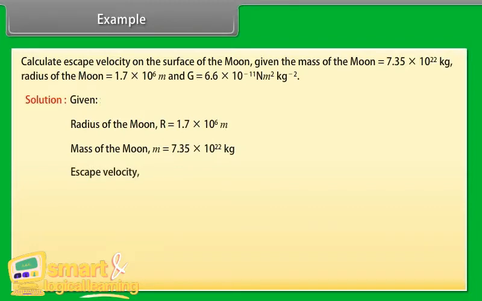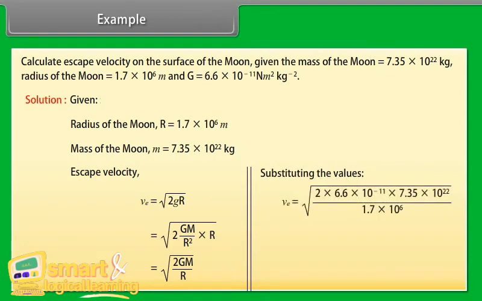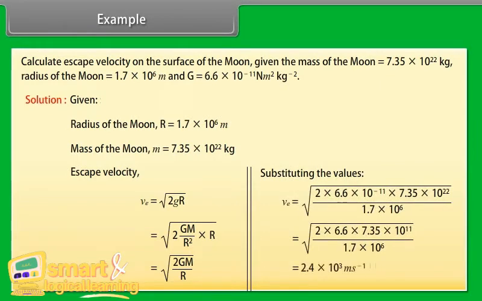Escape velocity is equal to under root 2gr. By putting the value of g, we get escape velocity is equal to under root 2GM upon r. By substituting the values, we get escape velocity is equal to 2.4 into 10 to the power 3 meter per second.